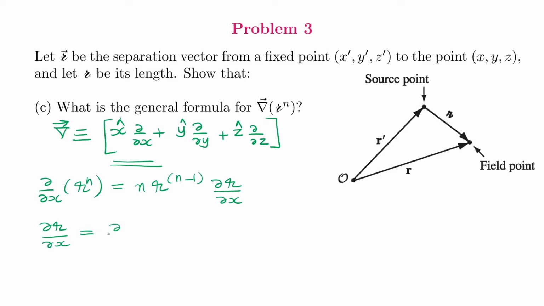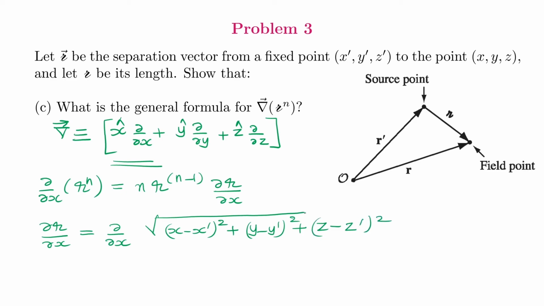Now we want to find out del r divided by del x. This is equal to del by del x of the square root of (x minus x') the whole squared plus (y minus y') the whole squared plus (z minus z') the whole squared.